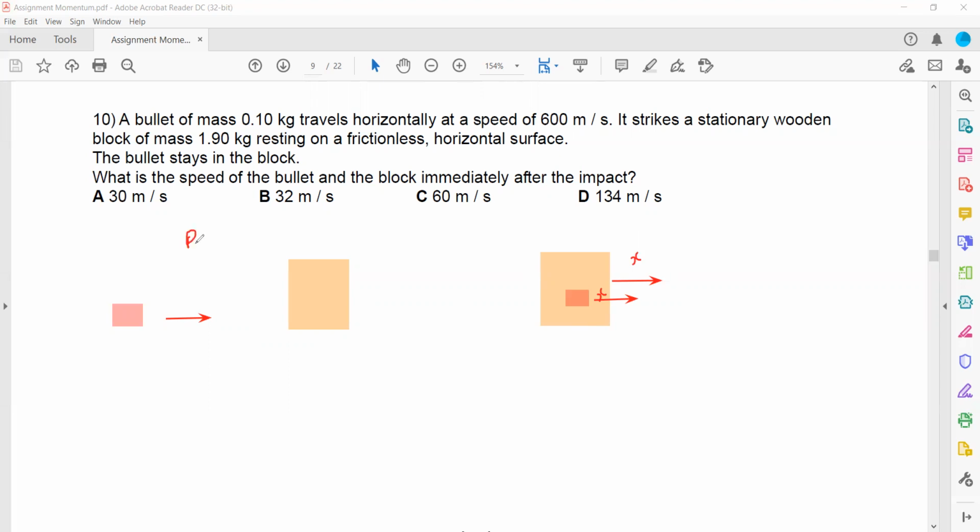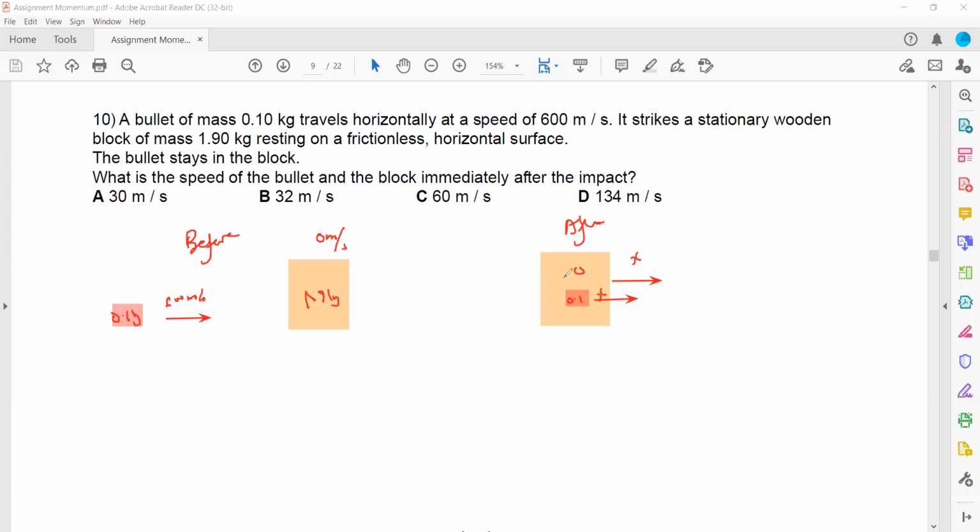So momentum before collision is equal to total momentum after. The mass of the bullet is 0.1 kilogram, moving with a speed of 600 meter per second. The mass of the block is 1.9 kg, but it is initially at rest, so its velocity is 0.